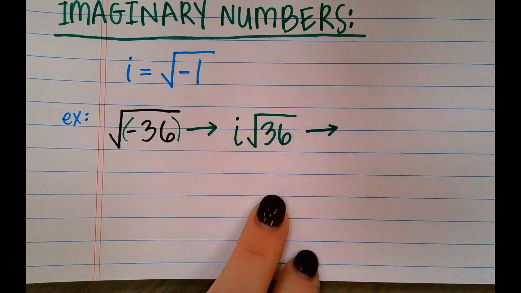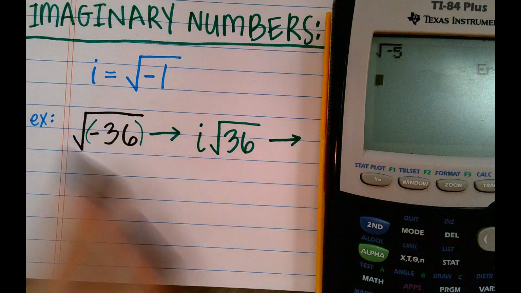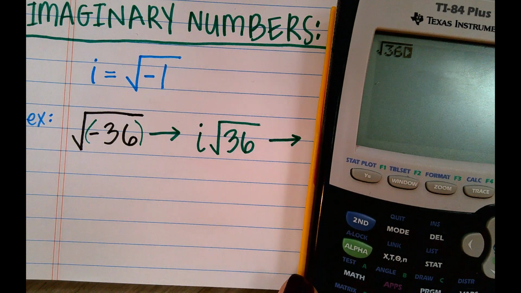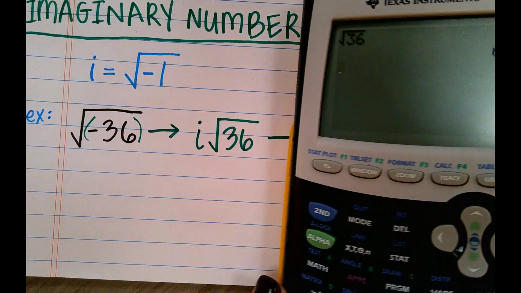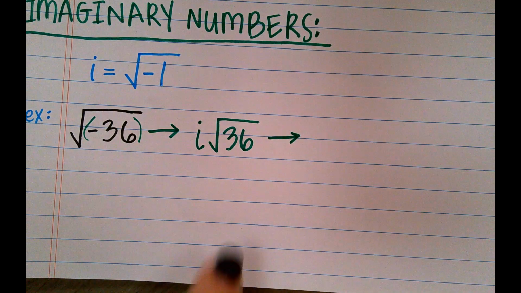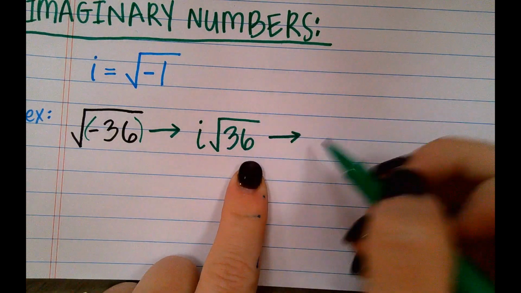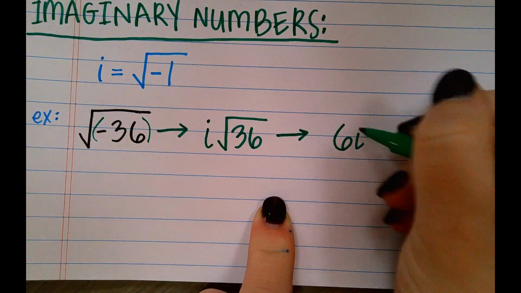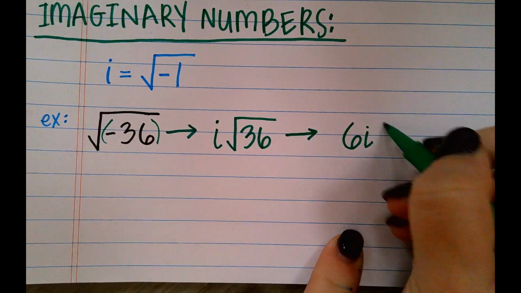Because 6 times 6 is 36. Now, if you didn't know that off the top of your head, that's okay. You could always type it in your calculator. 36, the square root is 6. So, all we would have to do is find that square root. It's 6, and we just put an i on it. And that's your answer.